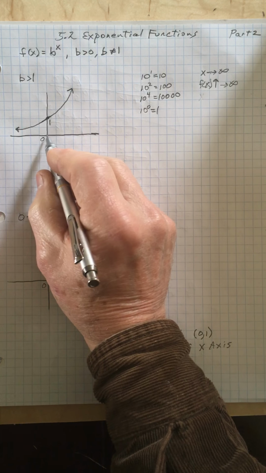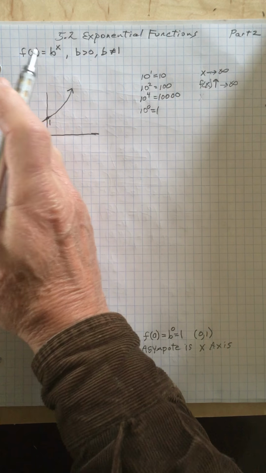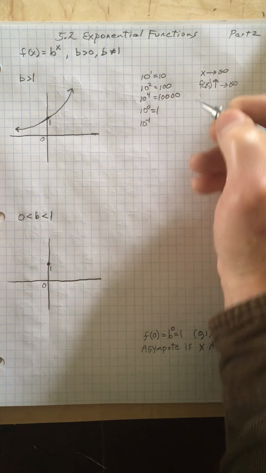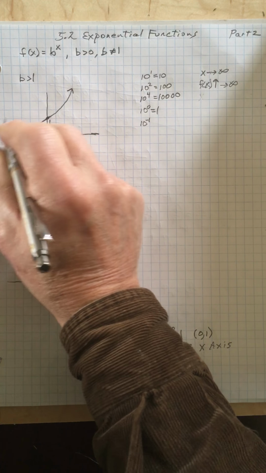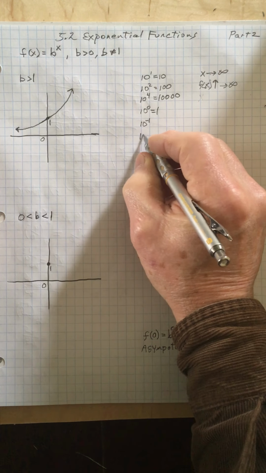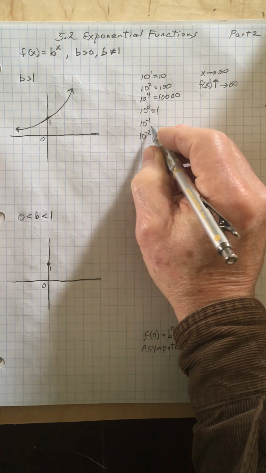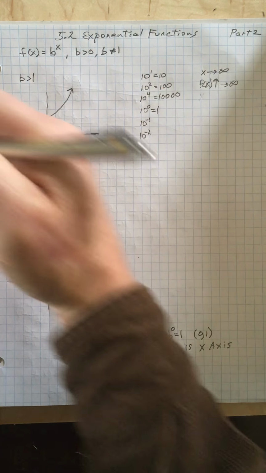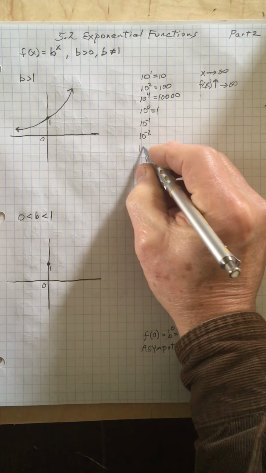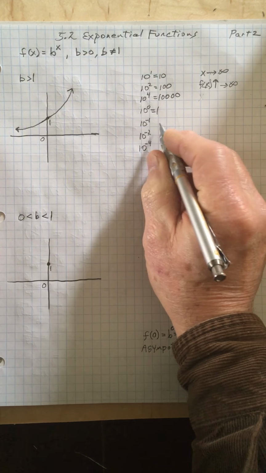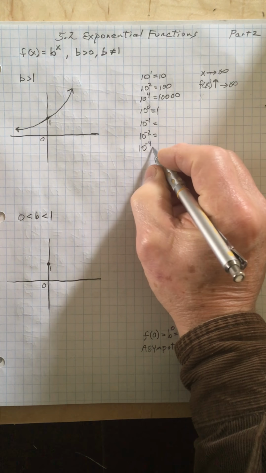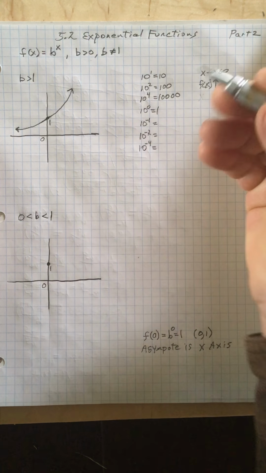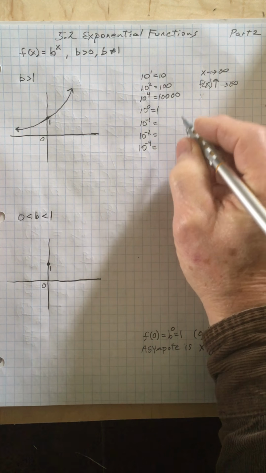But what happens as x goes to negative infinity? It's getting smaller and smaller. Well, let's look at that. Let's start with negative powers for x. Now let's get smaller and smaller. So minus 2 is smaller than minus 1, so we're moving towards the left in the negative infinity direction. To evaluate these, we just use our rule from last time: to turn a negative exponent into a positive, just move it to the other side of the fraction.